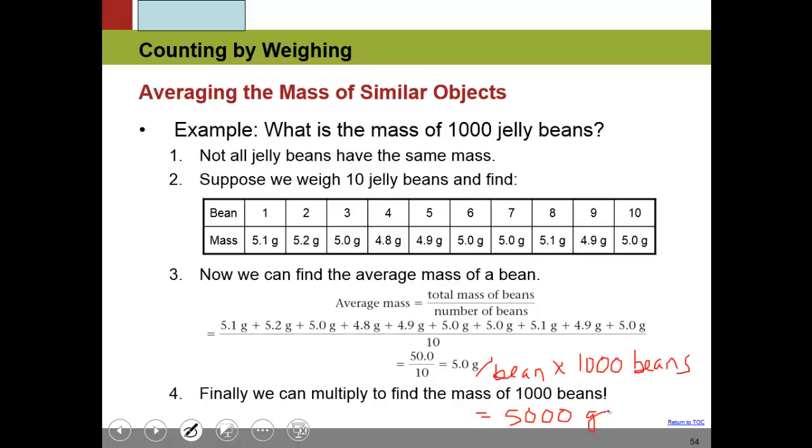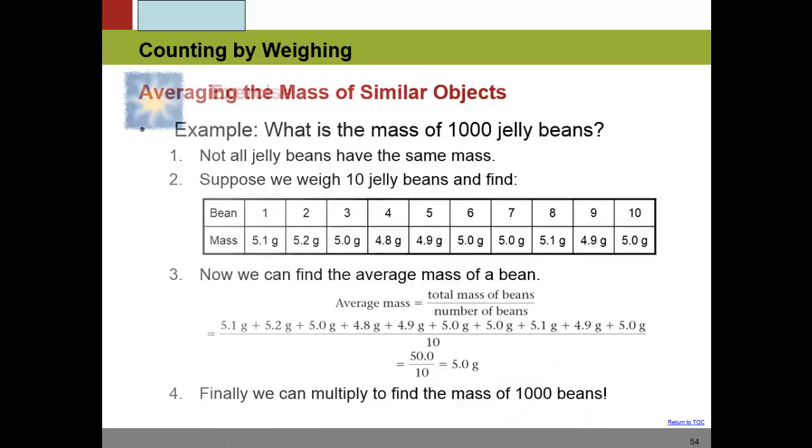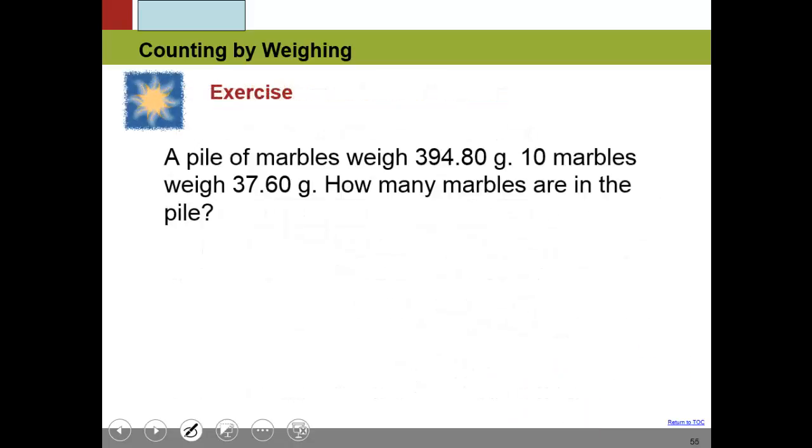And so what we're going to find is that we can essentially count. Here it says a pile of marbles weighs 394.80 grams. 10 marbles weigh 37.6 grams. How many marbles are in the pile? What we can do here is take 394.80 grams, and that has a certain number of marbles in it.